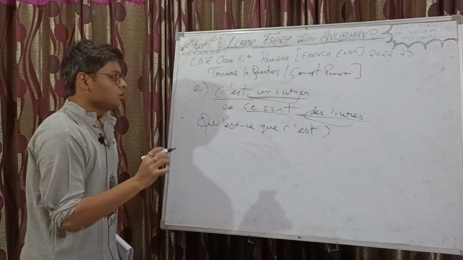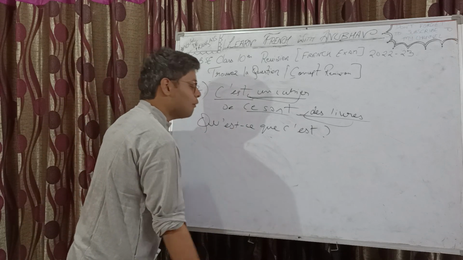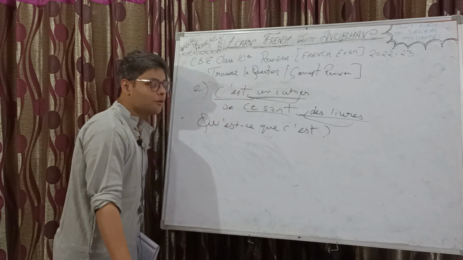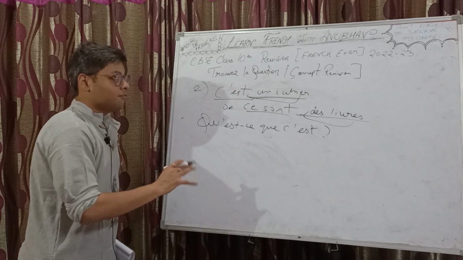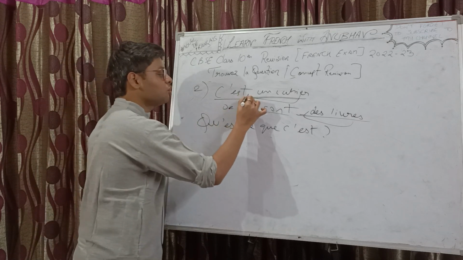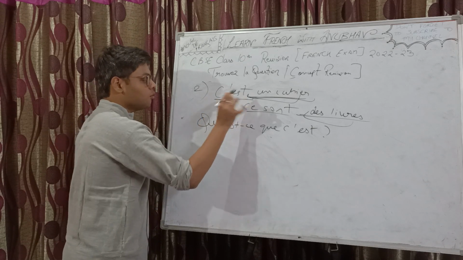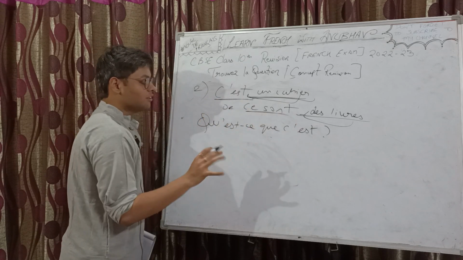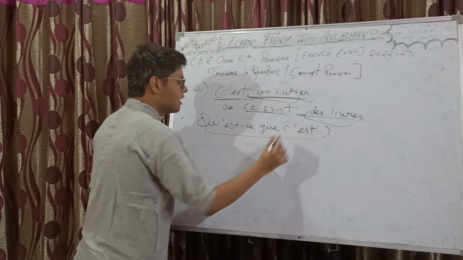Okay, you don't think of writing it like qu'est-ce que ce sont, because that's wrong. Okay, we don't say qu'est-ce que ce sont. It's simply qu'est-ce que c'est. So if there's an object and the question needs to be framed on that object, which is preceded by c'est or ce sont, in that case you are going to go for qu'est-ce que c'est.